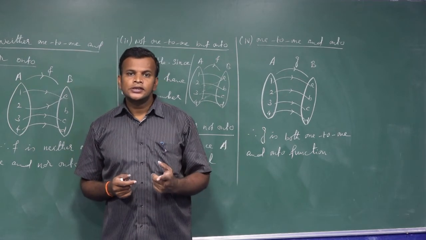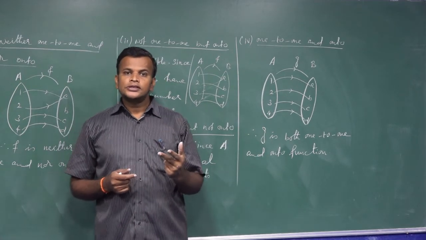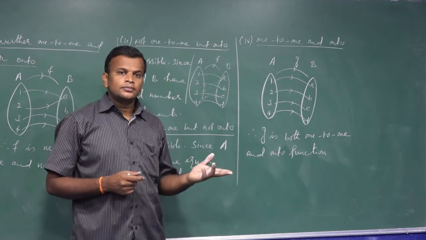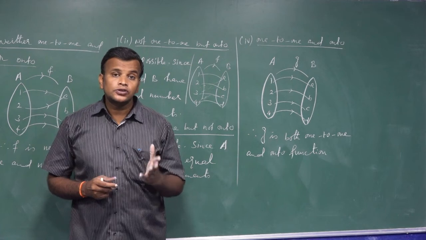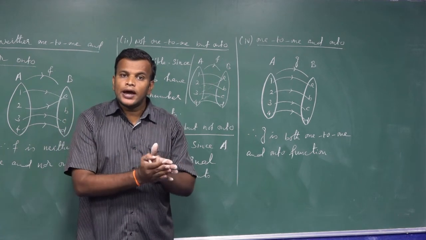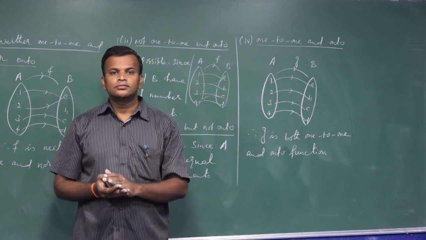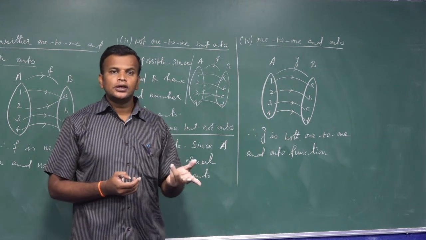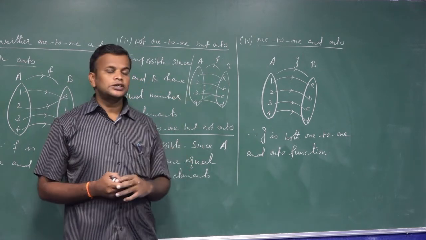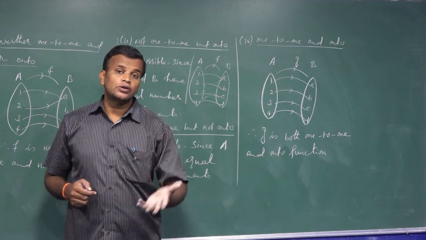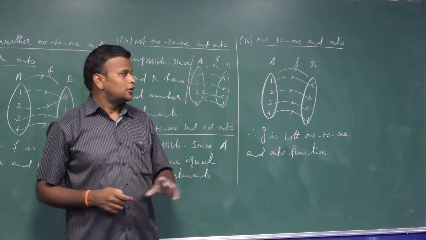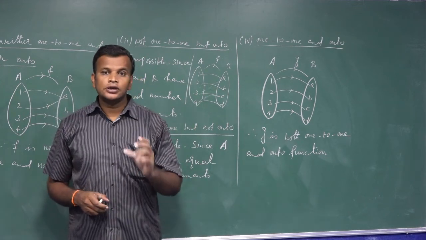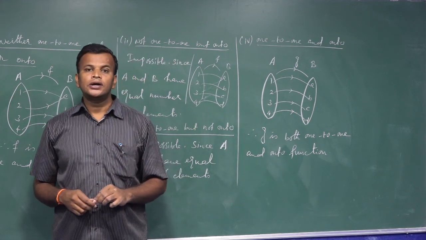One reason is, if any 2 elements have the same image... and also, if one element in the domain has no image, then the given relation is not a function. So for these 2 reasons, the given relation is not a function. If it is a function, there are many types. So we do each and every type. The same model sums also lie in the example. We must try them in our class note.